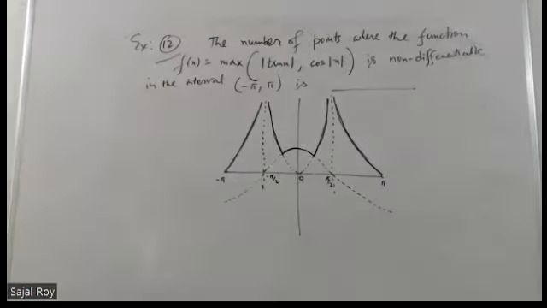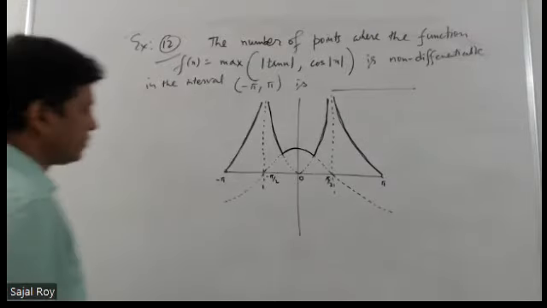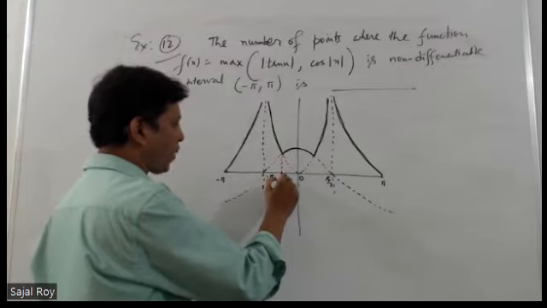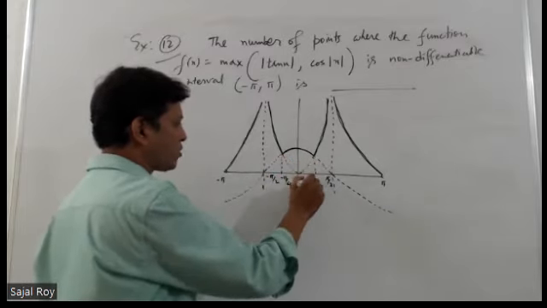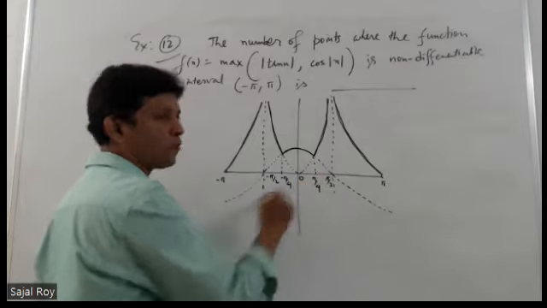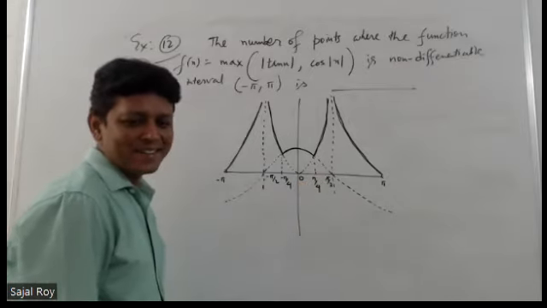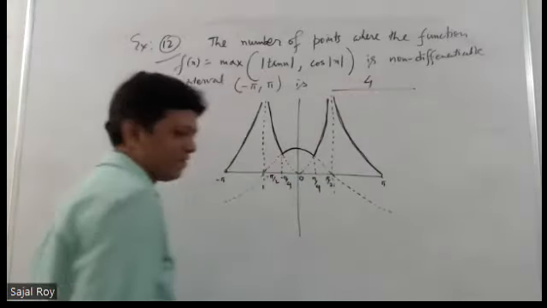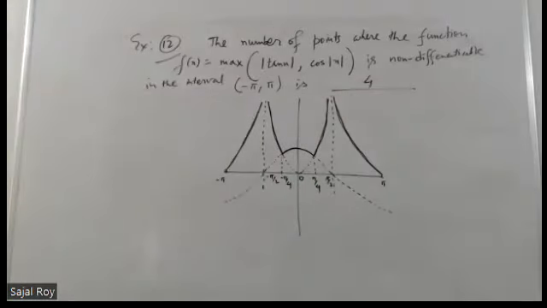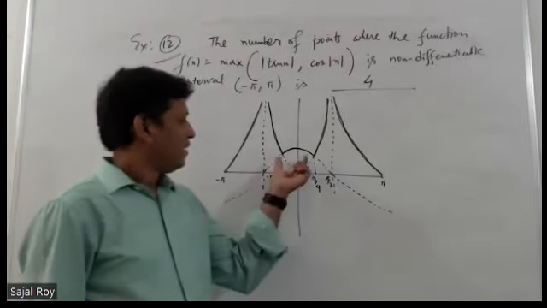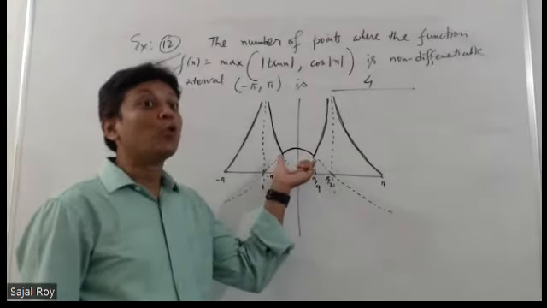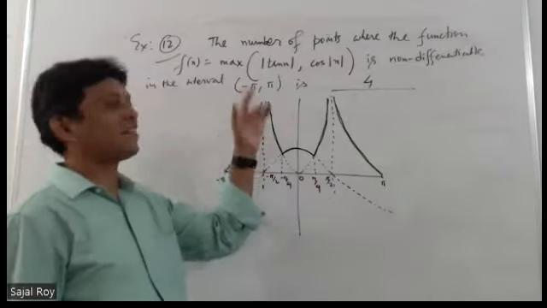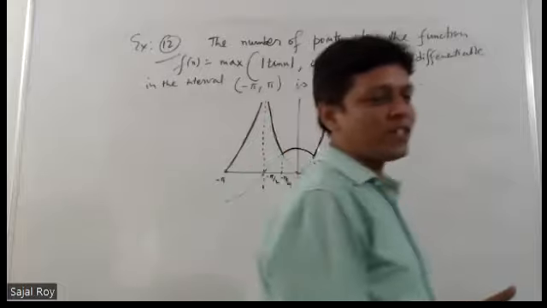Minus pi by 2, minus pi by 4, pi by 4 and pi by 2. What about this point minus pi by 4? What about this point pi by 4? So you have these 4 points. Yes, sir. So you have 4. Good question. Because people will answer 2. These 2, pi by 2 and minus pi by 2, are the points of discontinuity also.